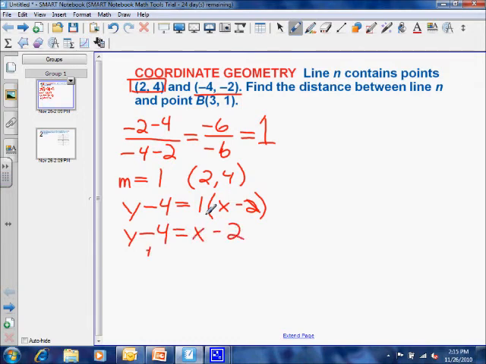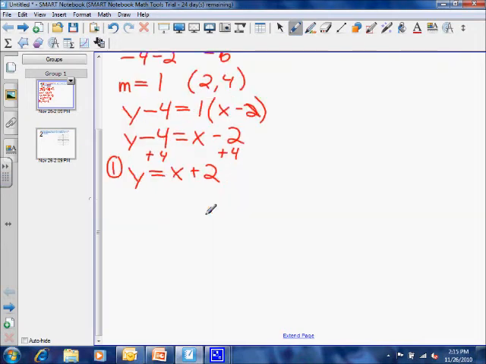Add 4 to both sides, and we will have y is equal to x plus 2. So that is, we'll put a little number 1 by it, the equation of the line N that we're working with. The next thing we need to do for part 2 is take the perpendicular slope to line 1 and have that line go through point 3, 1. So perpendicular slope to line 1 will be -1. Flip the fraction and change the sign.